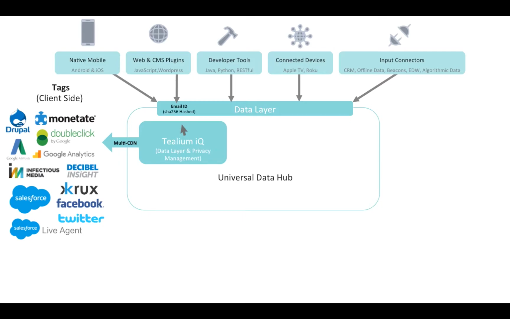We have 1,000 integrations, and we are very proud of that, and we build them for free. We also serve our tags using a multi-CDN network, which is very unique because it means that we can create a competitive marketplace when it comes to serving tags, so they're much faster because you award the business to the best serving CDN networks in the area.